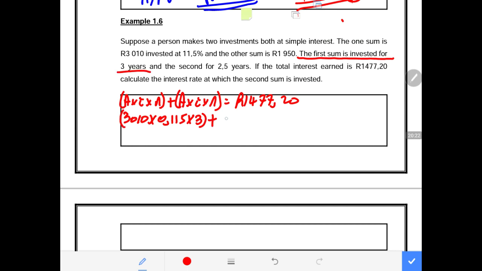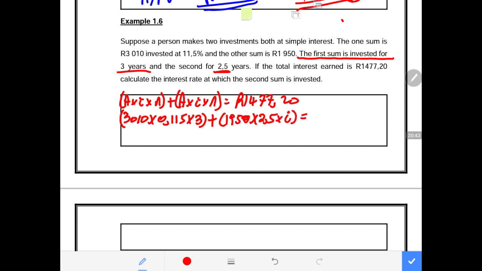Then I say plus amount invested in the second investment, it is 1,950. Then we multiply this by n, because it was invested for a period of 2.5 years. Remember, I'm starting with n because I am looking for the unknown, which is the interest. That I is the unknown.